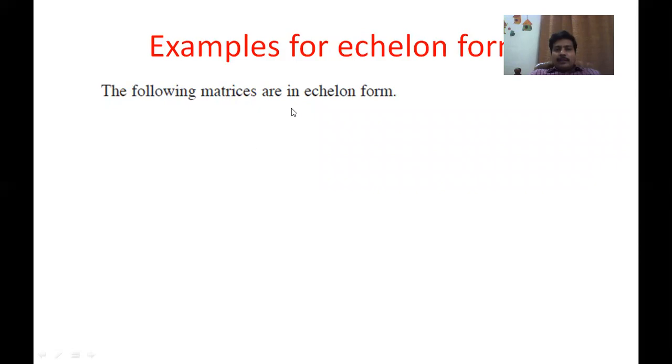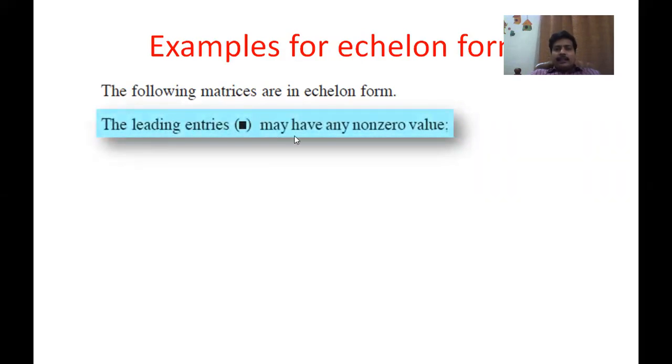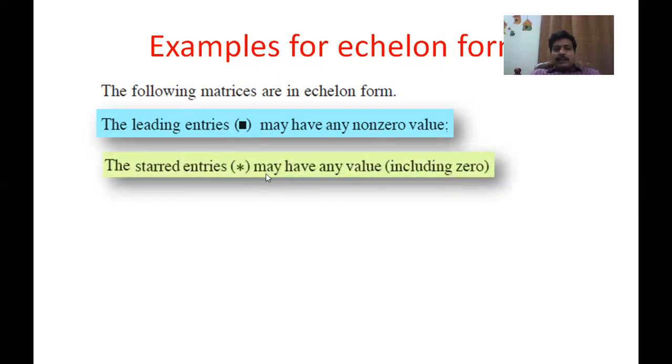The following matrices are in echelon form. The leading entries may have any non-zero value, which is denoted by this black square box, and the starred entries may have any value including zero.